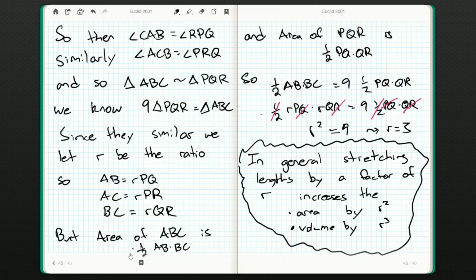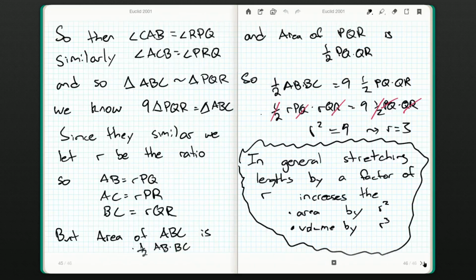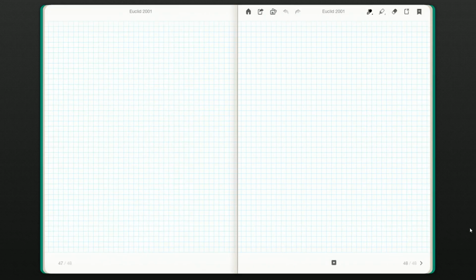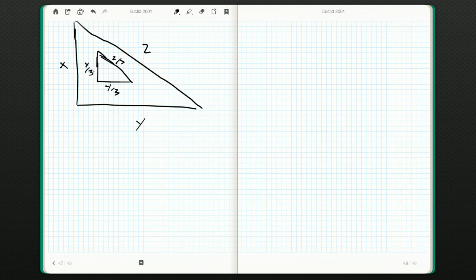And in our original diagram, which I think I might redraw in a moment, we gave names x, y, and z to these lengths, so now we know the lengths of P, Q, and R. So Z, X, Y. So we're going to have Z divided by 3, and Y divided by 3, and X divided by 3.